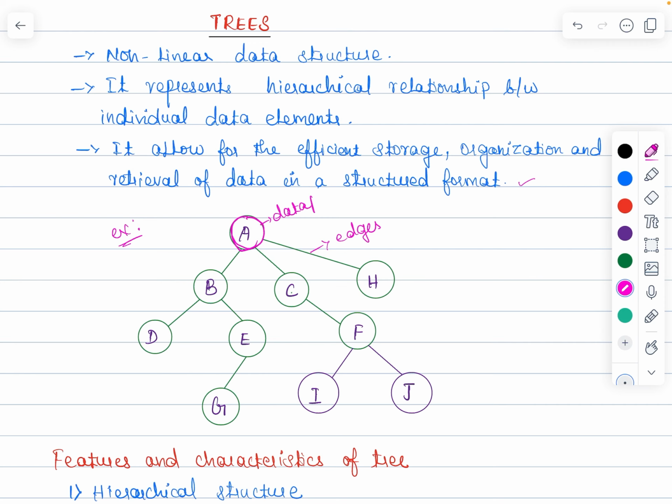The significance of trees in data structures is that it is a fundamental data structure used in computer science, and it allows for efficient organization, storage and retrieval of data in a more structured format.